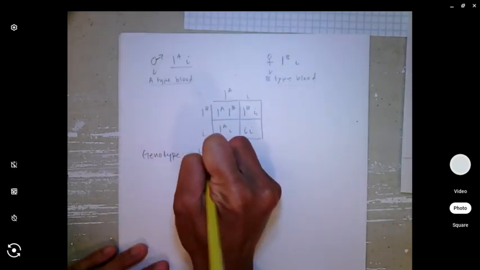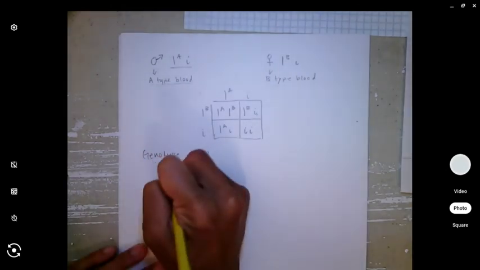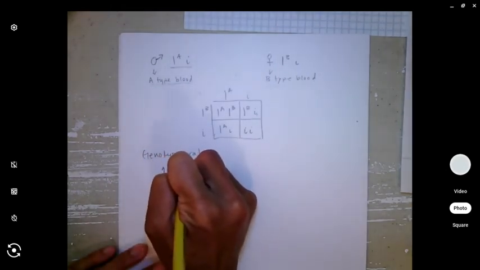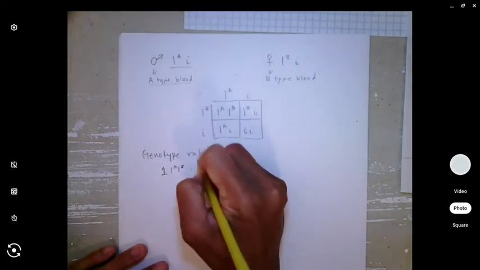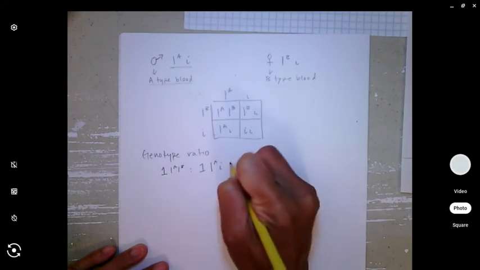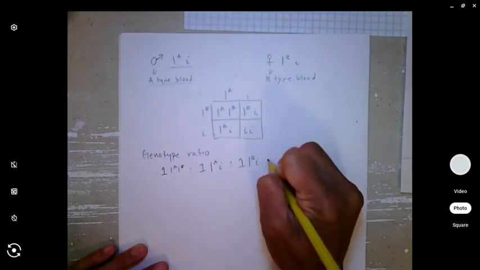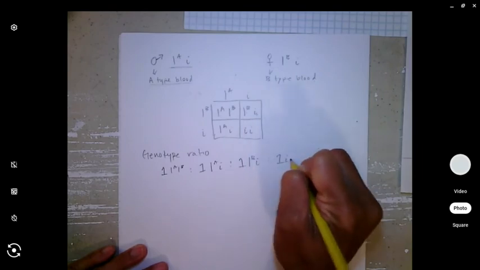Genotype ratio would be 1 to 1 to 1 to 1: 1 IAIB, 1 IA lowercase i, 1 IB lowercase i, and 1 lowercase i lowercase i.